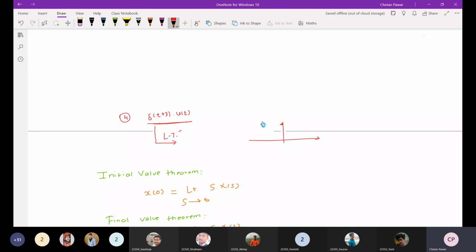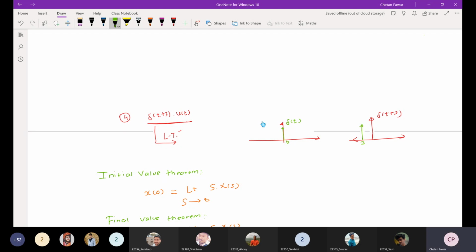So if I represent the impulse function, this is del of t, right? Now you are doing the time advancement by 3 units. So del of t plus 3 will be time advancement by 3 units. So here I am mentioning that.